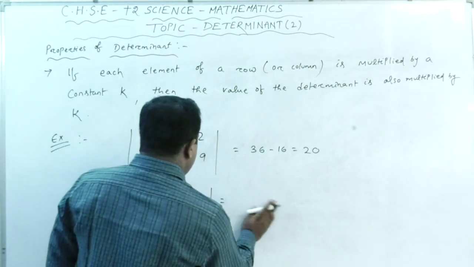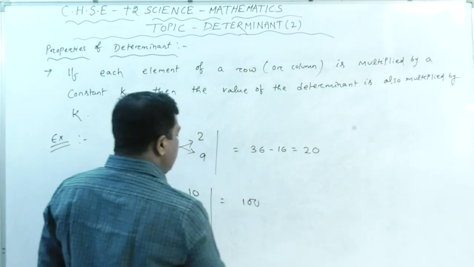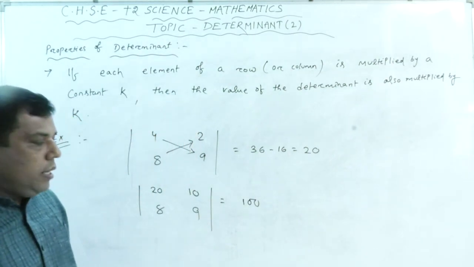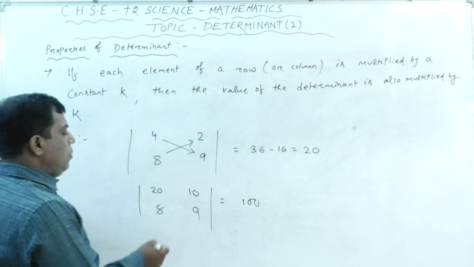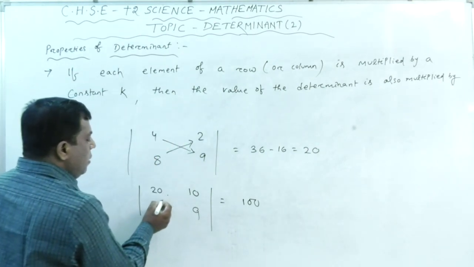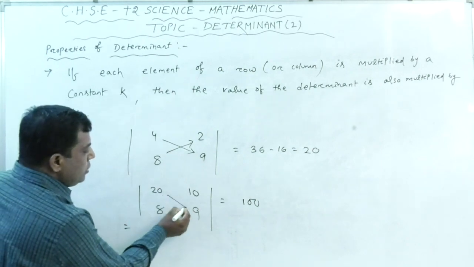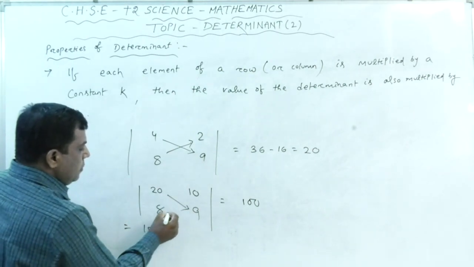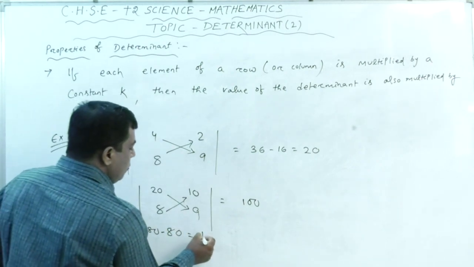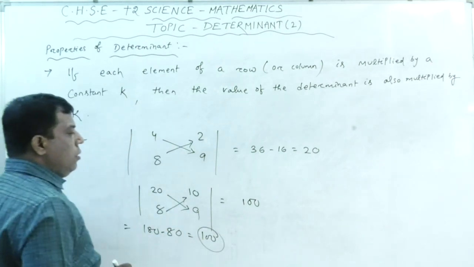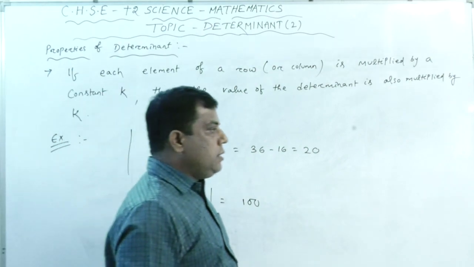So if somebody asks you, sir, how do you know it is 100? It is due to this property. You can physically also verify. If you go for multiplication, it is 180 minus 80. And you see the value is 100. Okay, dear students.